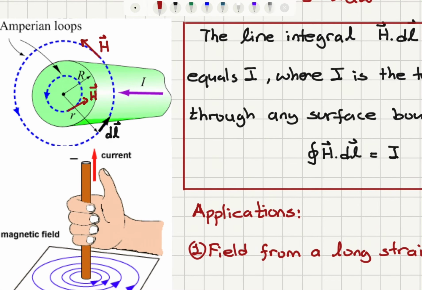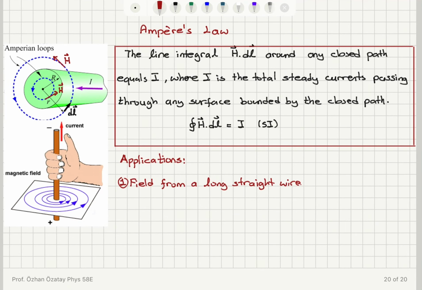So let's apply Ampere's law for r greater than capital R and r less than capital R. Ampere's law states that the closed path integral of H dot dl must be equal to the total current enclosed by any surface that's passing through any surface bounded by this loop.